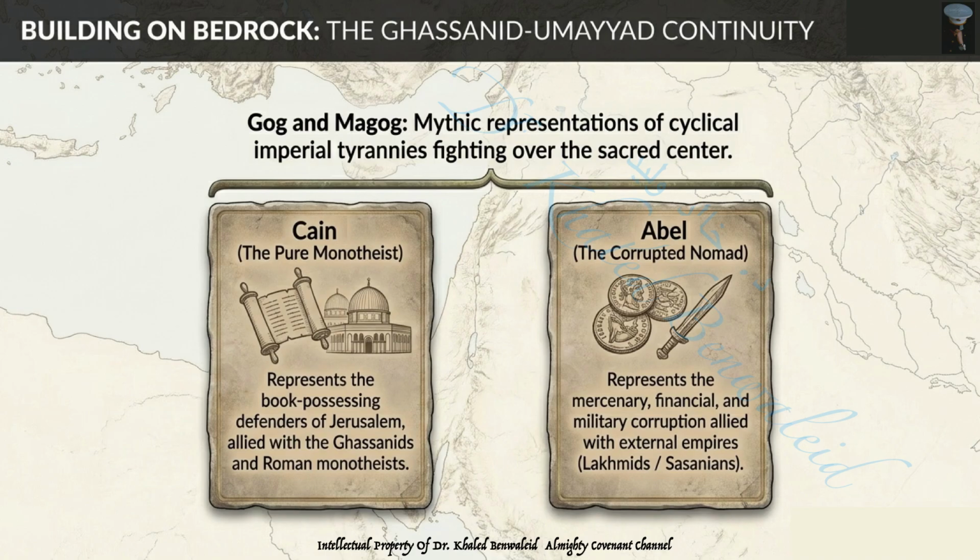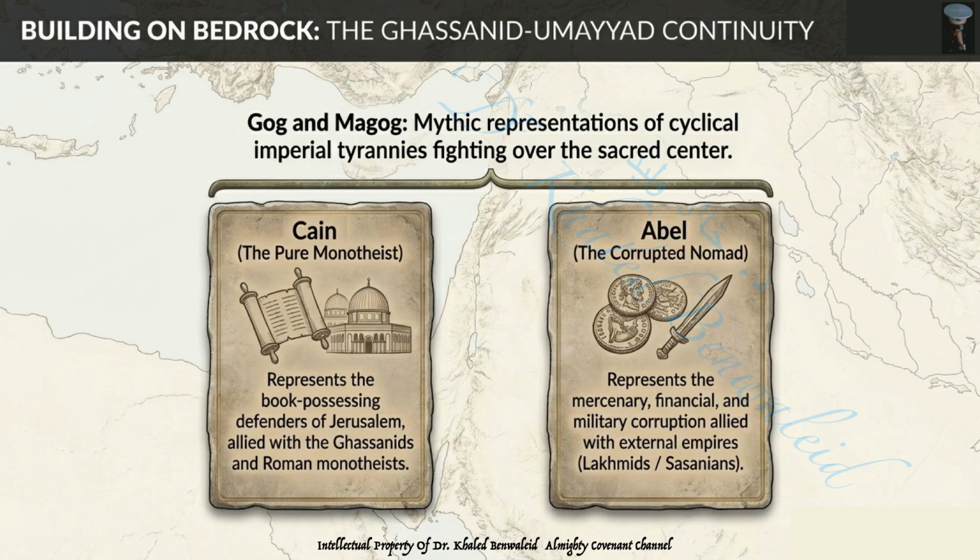He also reinterprets the oldest story in the Abrahamic tradition, doesn't he? The story of Cain and Abel, two brothers resulting in the first murder. How does a story about ancient fratricide map onto 7th century geopolitics? For Dr. Walid, Cain and Abel serve as the foundational metaphor for the unending trauma of the Levant. Abel represents the pure agrarian monotheist, the legitimate spiritual heir deeply rooted in the sanctity of Jerusalem.